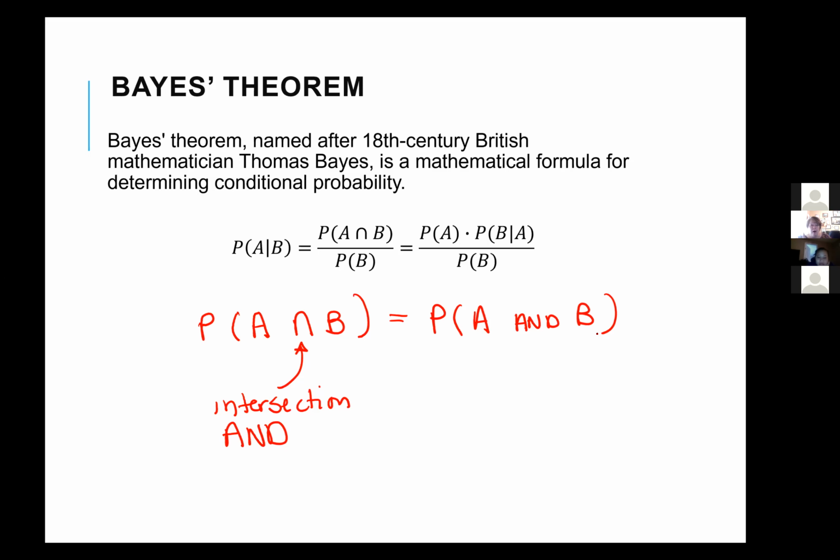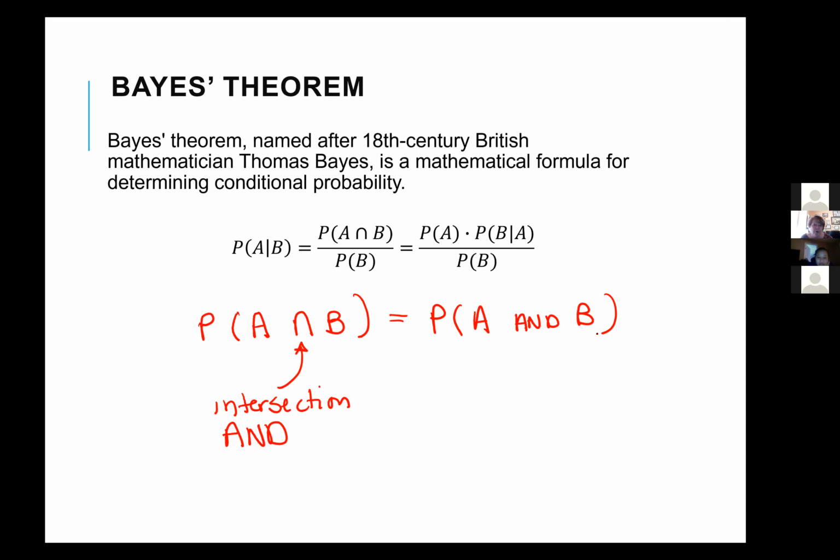You can also write this using Bayes' theorem as the probability of A given B is the probability of A occurring times the probability of B given A, so the probability of B occurring given that A has already occurred, divided by the probability of B. Now, I know this formula looks kind of complicated right now, but we're going to do an example later and we'll break down each of these probabilities and show you how this is a fairly simple formula to use to find the conditional probability.